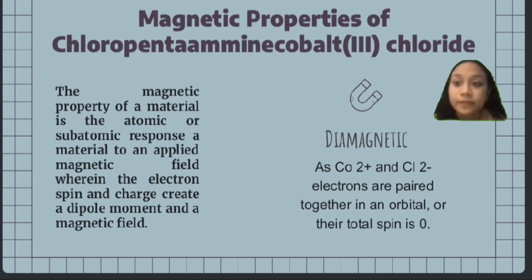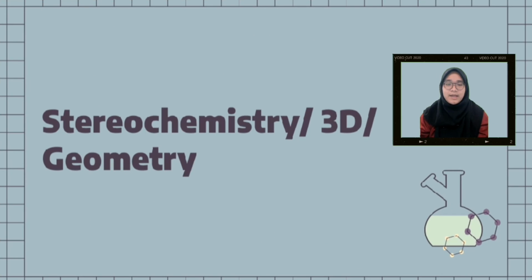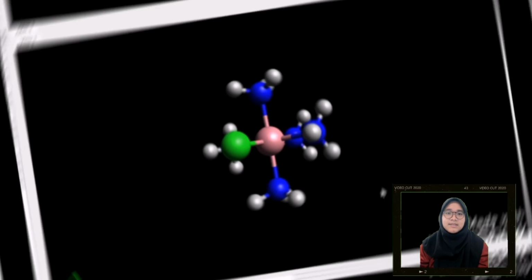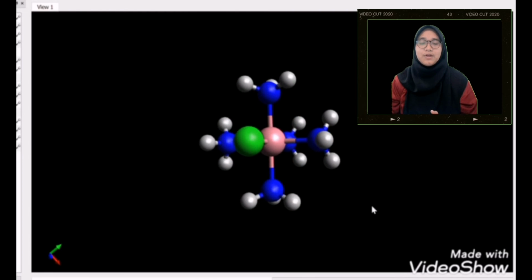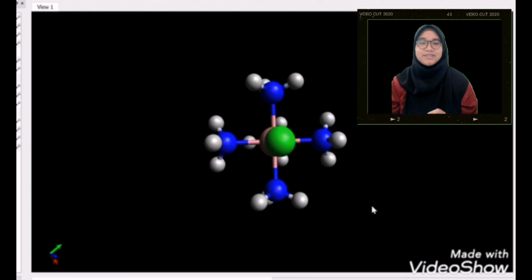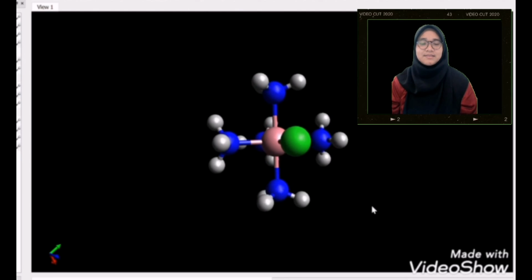So that's all from me. Let us look at the stereochemistry or 3D geometry of chloropentamine cobalt 3 chloride. In this slide, this is the model structure of chloropentamine cobalt 3 chloride that was made using a molecular model. In this video, we will look into the simulation of the chloropentamine cobalt 3 chloride complex.